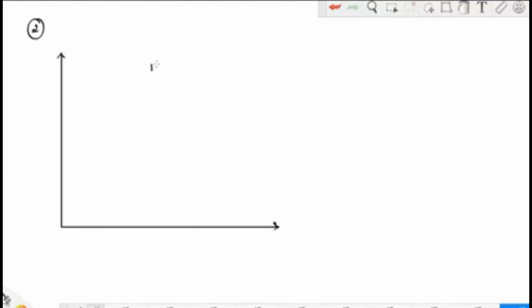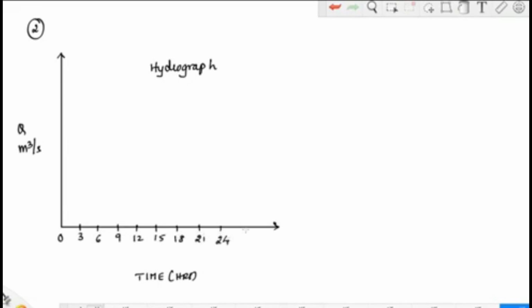This is a hydrograph. River discharge on the y-axis, x-axis time in terms of hours: 0, 3, 6, 9, 12, 15, 18, 21, 24, 27, 30, and so on. Your hydrograph is a plot between river discharge versus time.